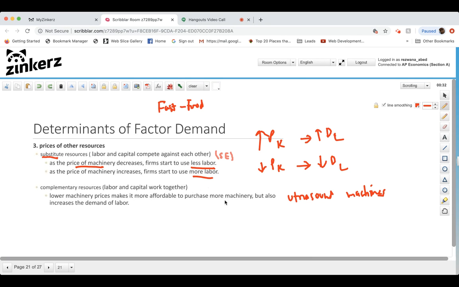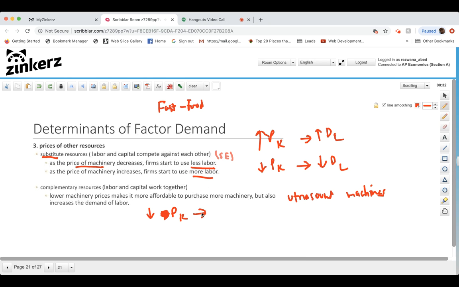Let's talk about the price going down first. If ultrasound machines somehow became less expensive, you can afford to buy more of those ultrasound machines.